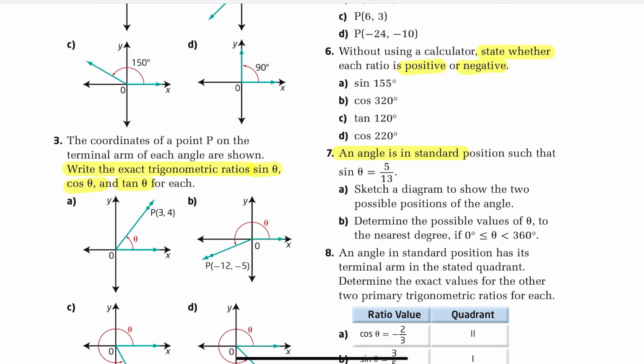And you will get one angle, because we are using the same one, sine of 5 over 13.